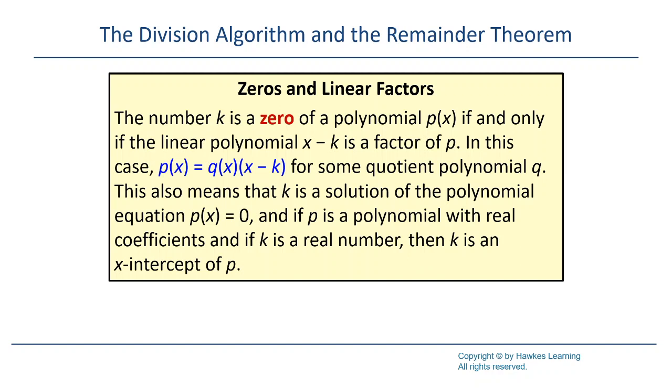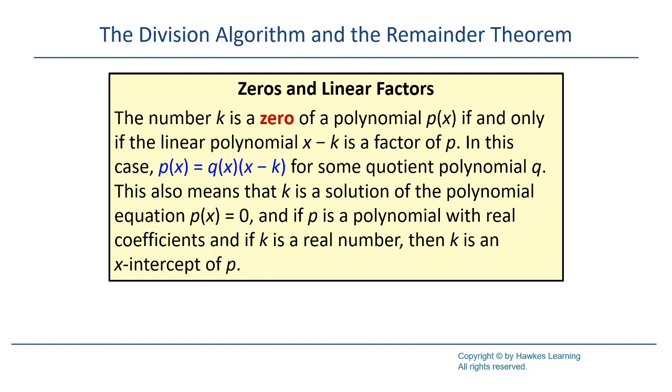You can kind of think about this as reducing the degree. Say you start with a fifth degree polynomial and you check x minus k because you think that k is a root.